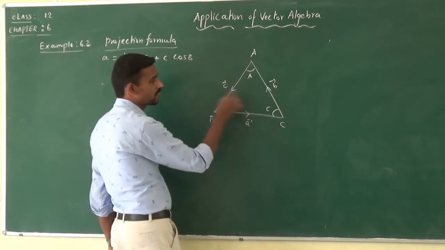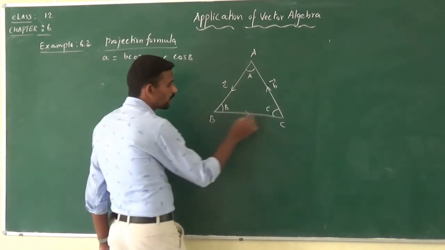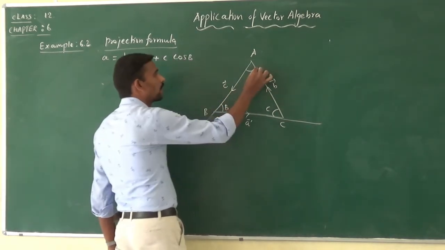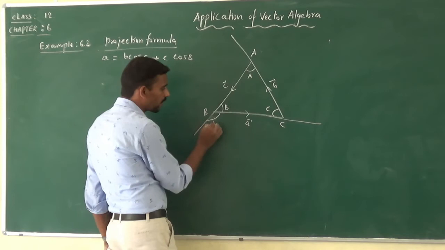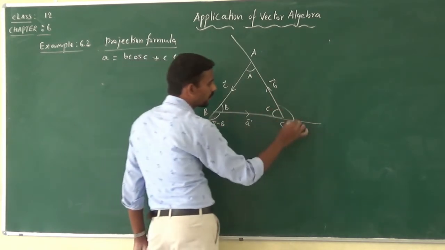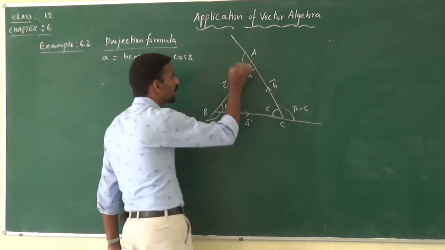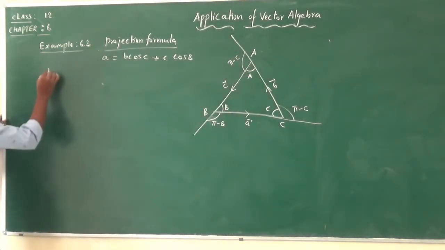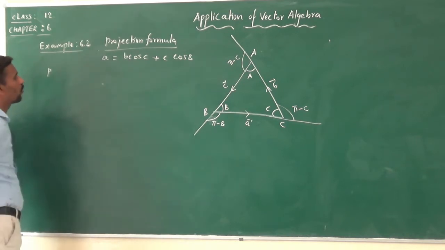The sides should be extended, so the exterior angles are pi minus a, pi minus b and pi minus c. The proof is the same as in example 6.1, as it is.